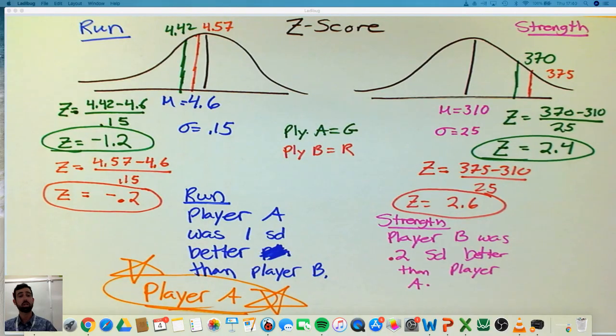When it came to strength, player A was just a fraction, or just 0.2 standard deviations worse than player B. So player A was a much faster runner than player B and was just a little bit weaker than player B. So we would want to go with player A because they are much faster and just a little bit weaker. Player B is stronger, but not by much. And when it came to speed, they were a lot slower. So we would want to go with player A.